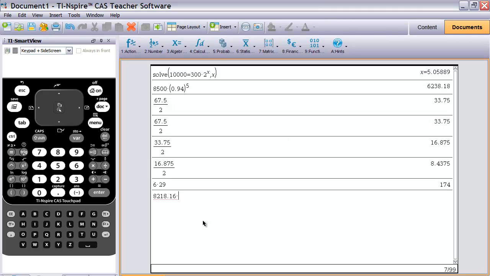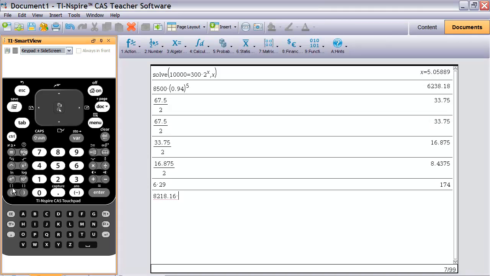In my calculator I'm going to enter 82,1816 times. Now to get e to the x, you have an e to the x button right here on your calculator. If you click on that, it will bring in the value of e, and it will write it as e, but it will calculate it as 2.71, just like pi does.